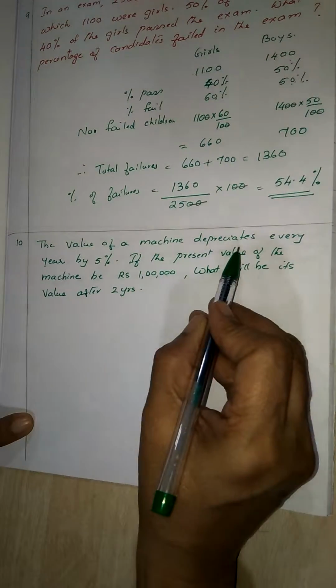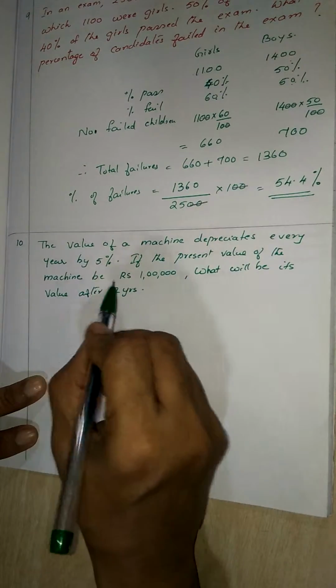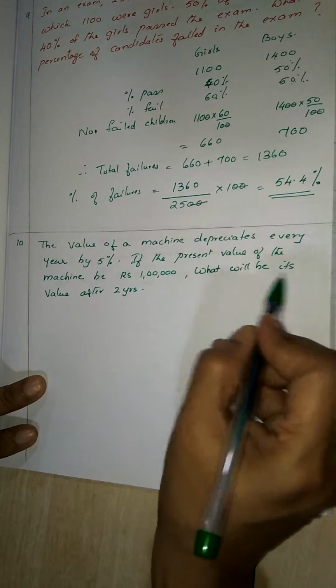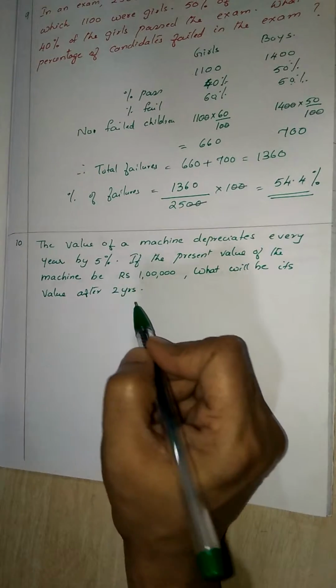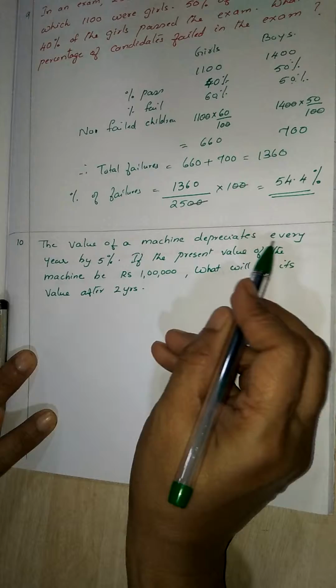The value of a machine depreciates every year by 5%. If the present value of the machine be rupees 1 lakh, what will be its value after 2 years? So it is depreciating every year.